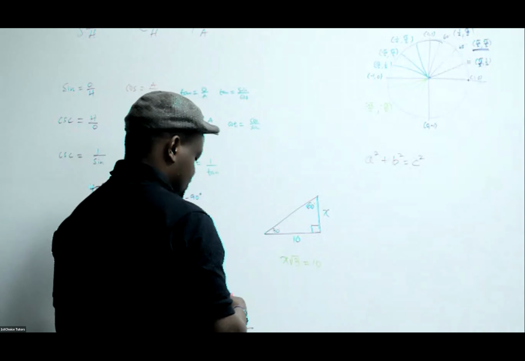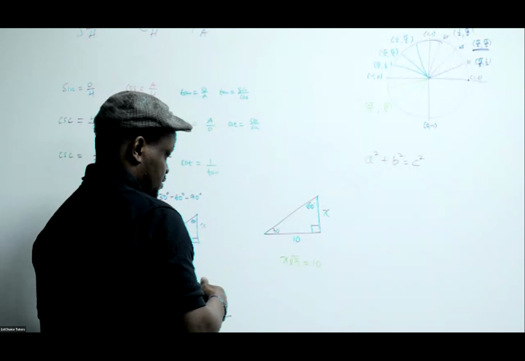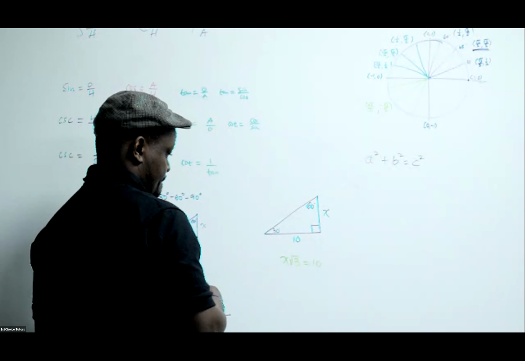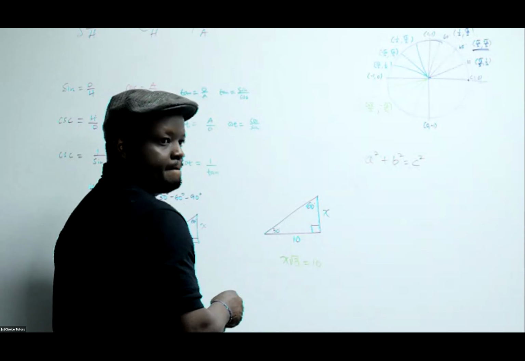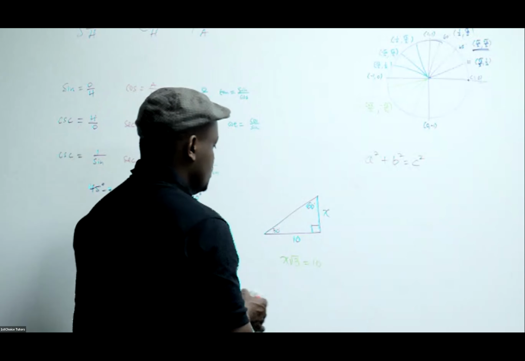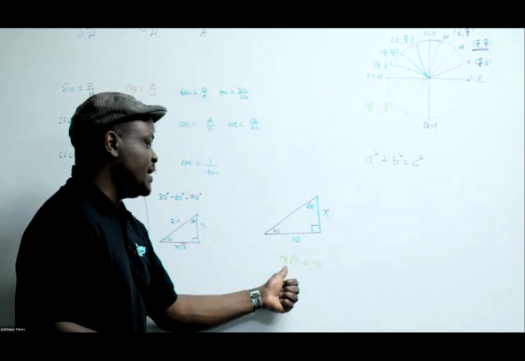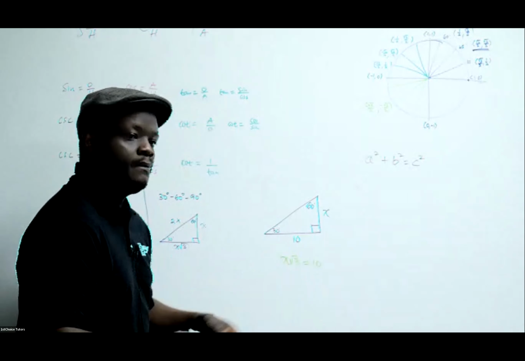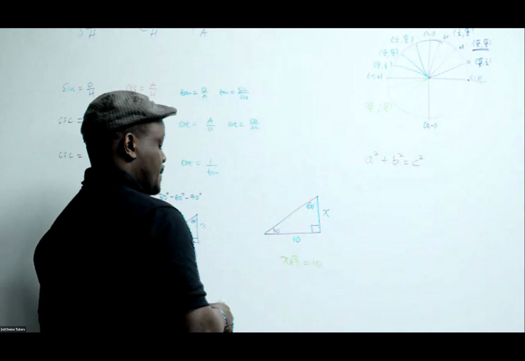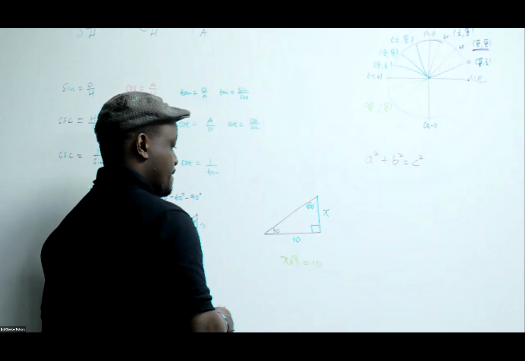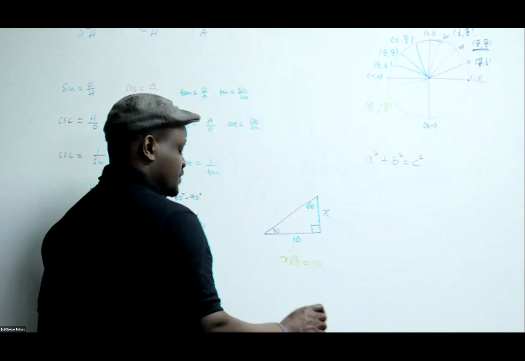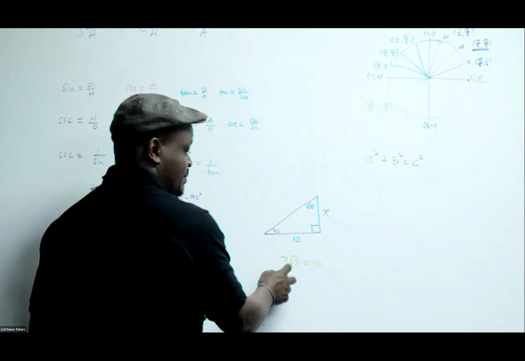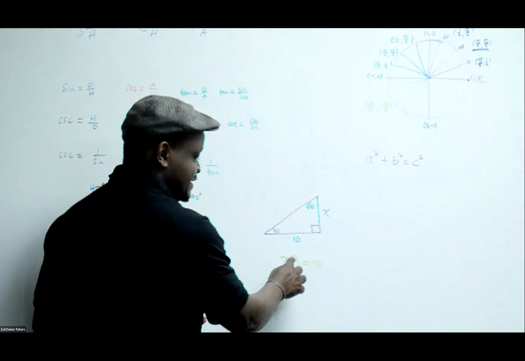How do we get x by itself? That means get rid of the root 3.